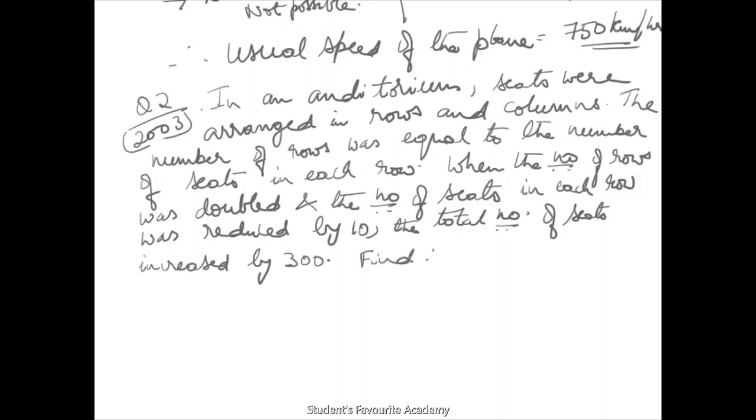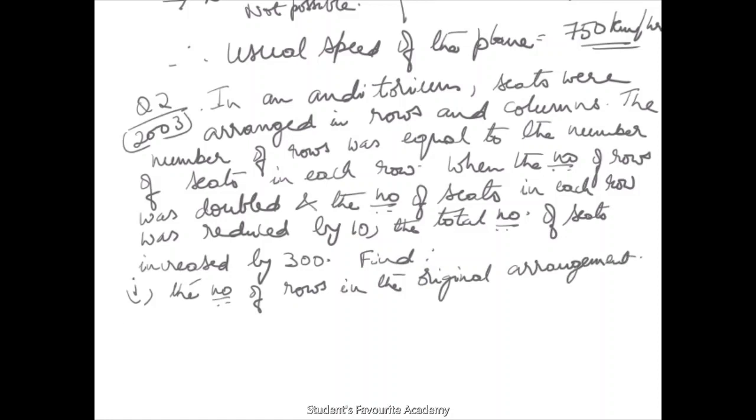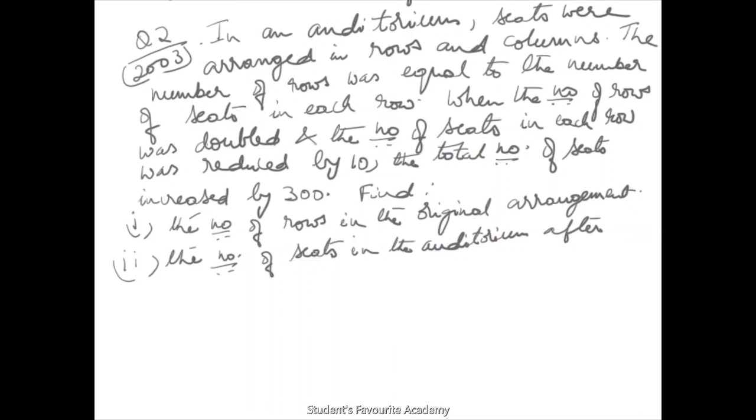Find: one, the number of rows in the original arrangement, and second, the number of seats in the auditorium after rearrangement.